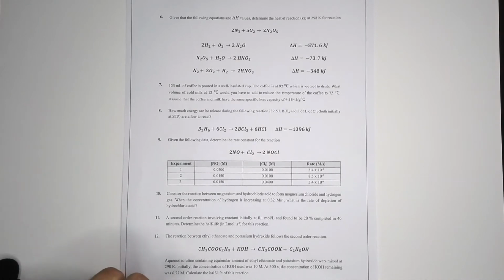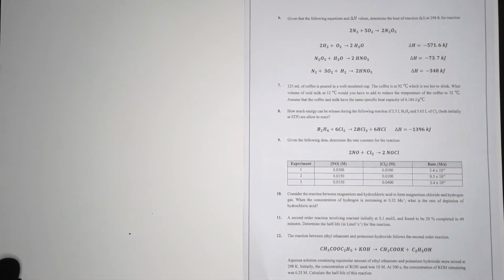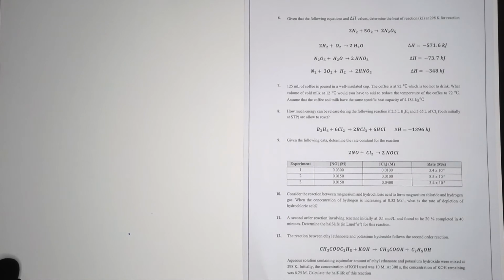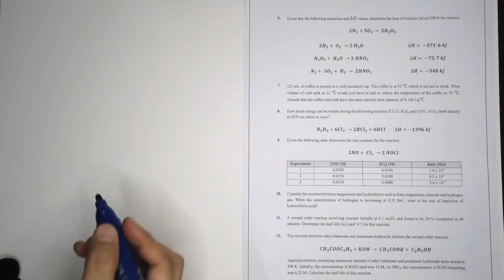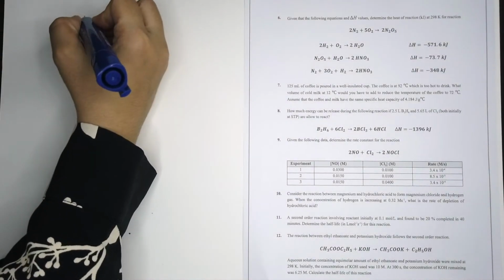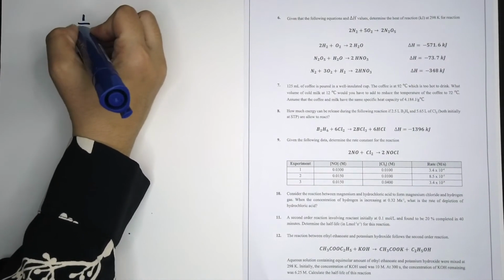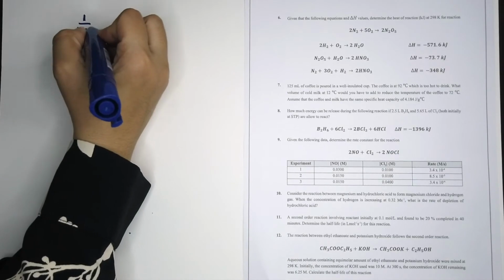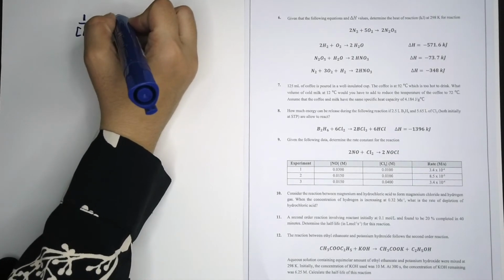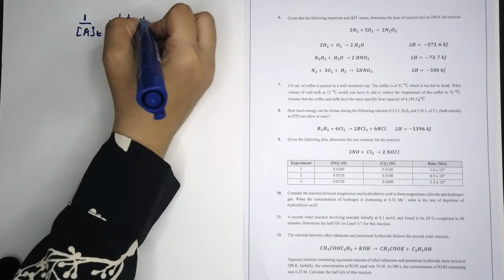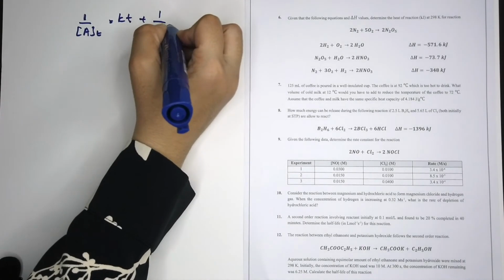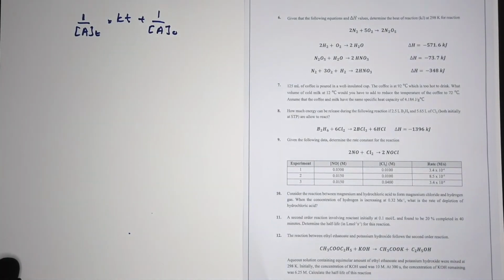This question is almost the same as question number 11. All you need to do is plug in all the values. It's actually easier in this question. The formula for second order reaction is 1 over A_t is equivalent to kt plus 1 over A naught, and you can directly put in the values because it's all written in the question.